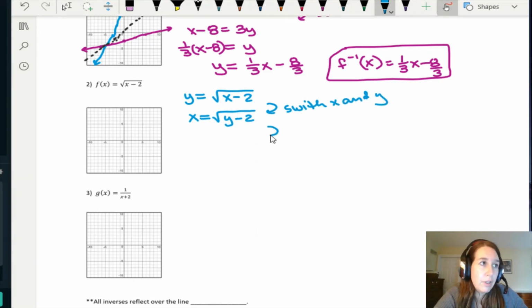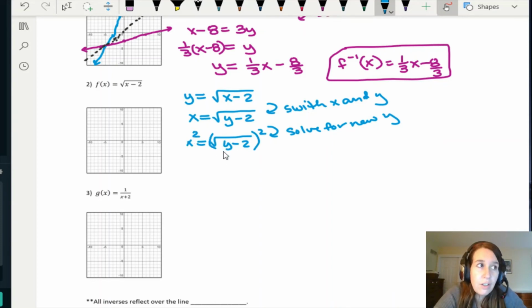Okay, now we're going to solve for the new y. Okay, so I have the square root y minus 2. That's what I need to get rid of first. So I'm going to say x equals the square root y minus 2. I'm going to square both sides. Okay, because the square and the square root will undo each other, right?